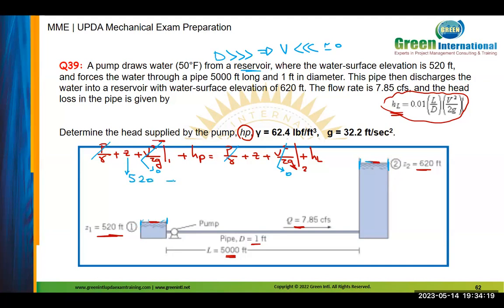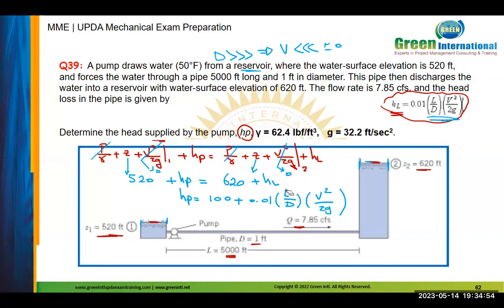So the remaining here is Z, 520, plus head of pump. Here is Z, 620, the elevation here, plus head of losses. Head of pump is equal to 620 minus 520, which is 100, plus head of losses. Head of losses, you know the value, he gave you an equation to calculate it. So write the equation: 0.01 L over D, V square over 2g.